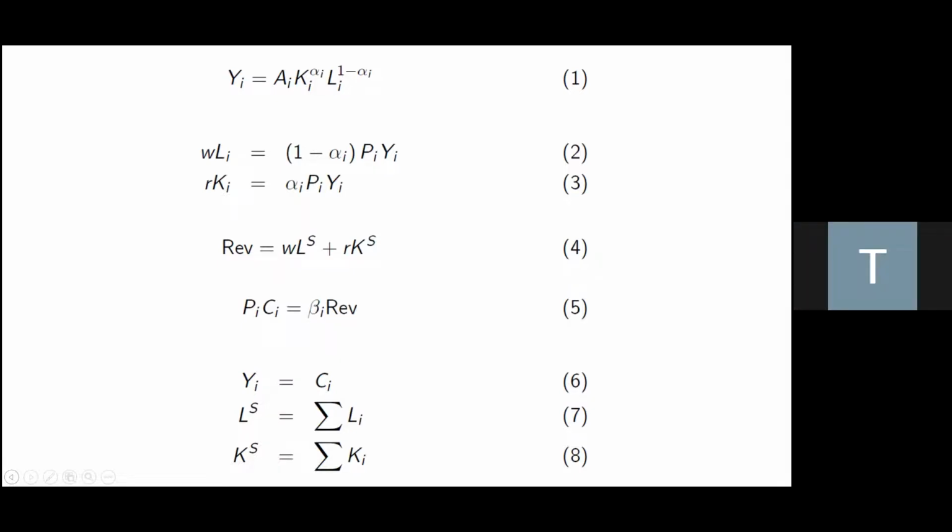So in this case, my total labor supply of the economy must be equal to the sum of the labor demand hired in each sector. That's why I have the summation operator here.